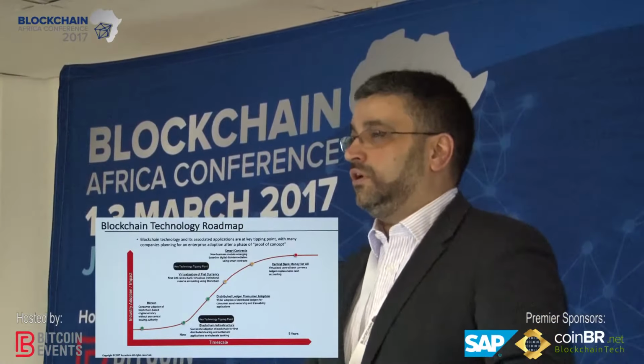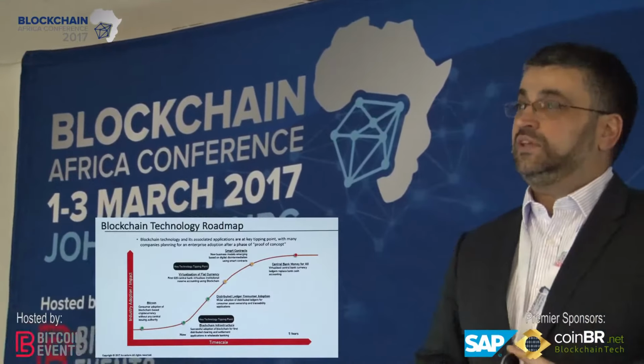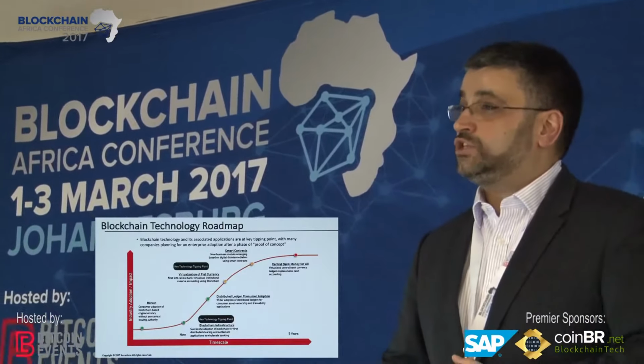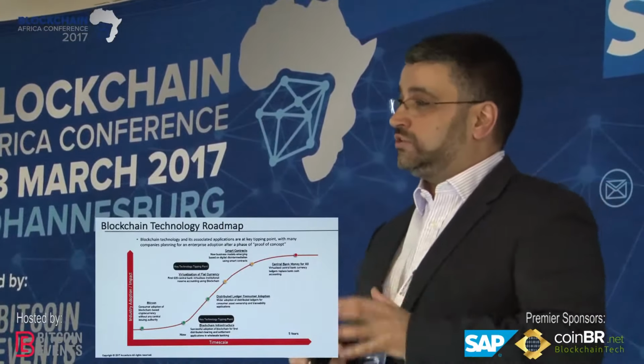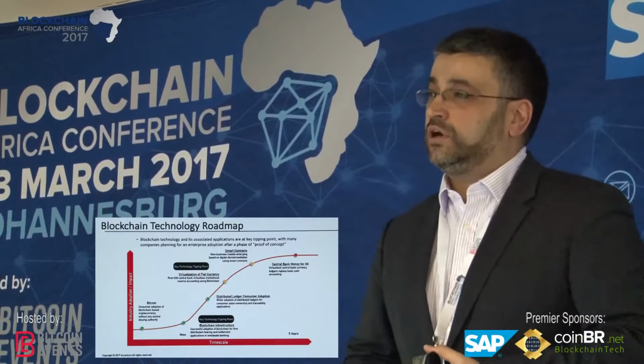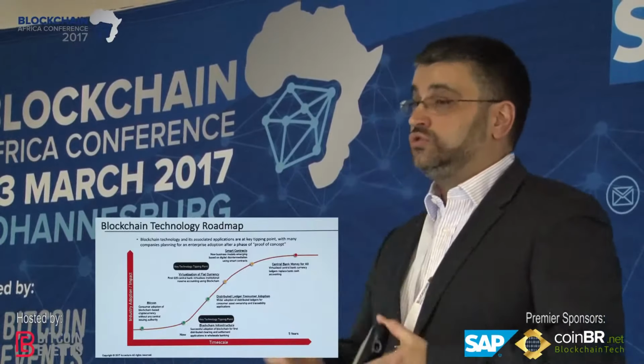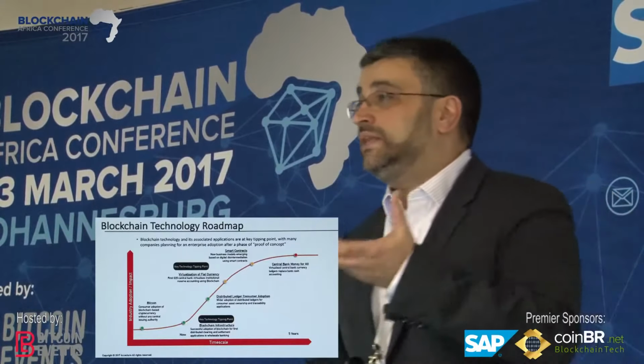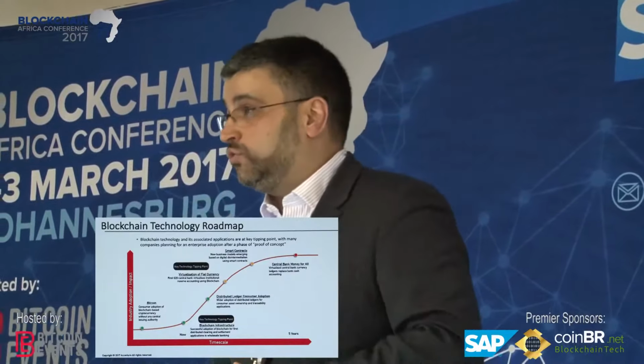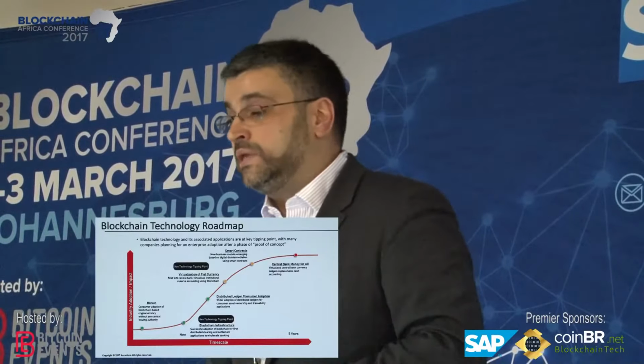When a large G20 government actually tokenizes a fraction of its currency, puts it out there in the market, and puts it in the hands of either institutions or consumers or users or both, that's the beginning of something that I think will be truly transformative in the wider economy.